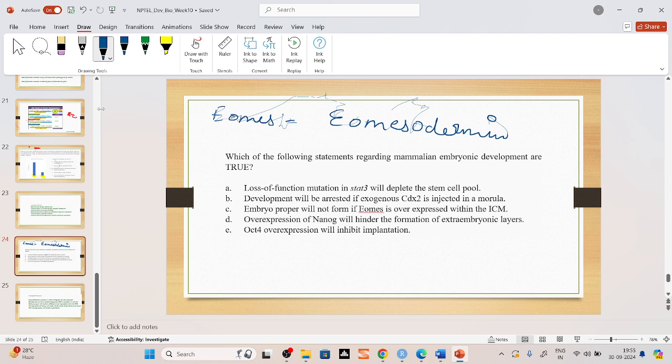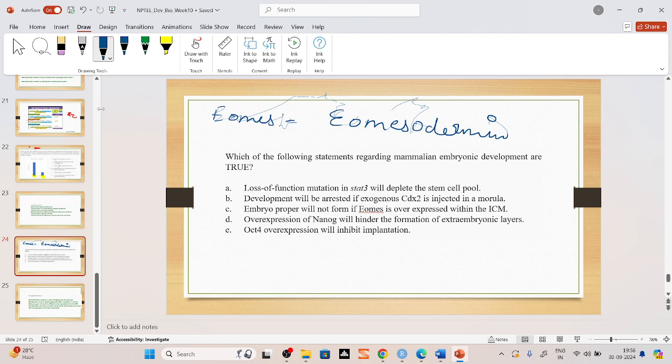Although nanog and eomes are such important factors which are responsible for the whole embryo development, even if these important factors are overly expressed, they can lead to dysfunction or dysregulations, and proper embryo formation can be inhibited.